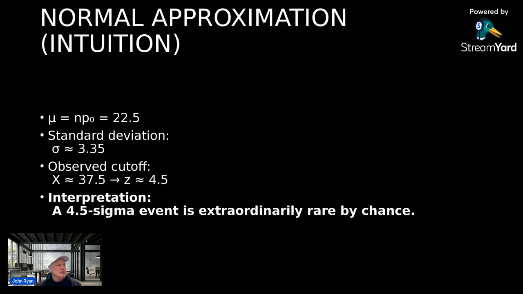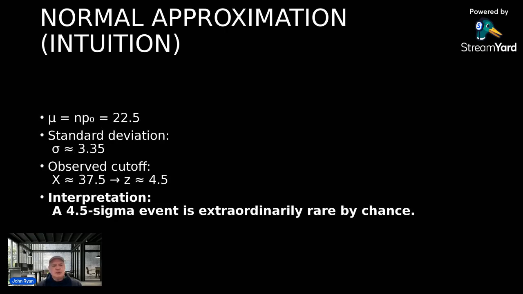So now we get to the next slide, and here's the normal approximation. In other words, intuition. The interpretation is the result of a factor called sigma. So a 4.5 sigma event is extraordinarily rare by chance. So here we're getting closer and closer to determining whether this is a real thing or whether it's just random.